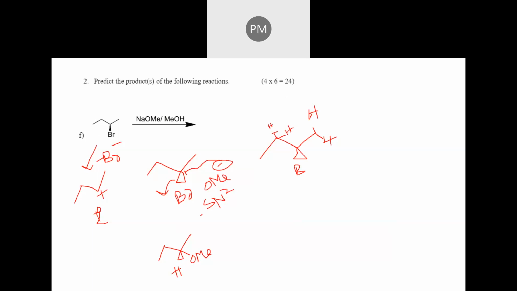One hydrogen above the plane and one hydrogen below the plane. So the hydrogen below the plane will be abstracted by OMe minus, which is our base. So this will be abstracted, the bond will come in here and the Br is leaving out. So now the double bond will be like this.